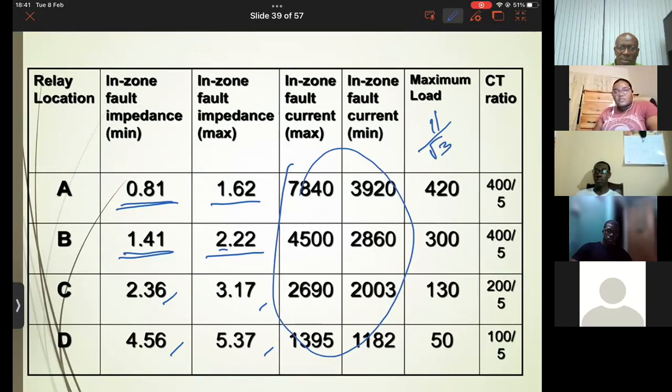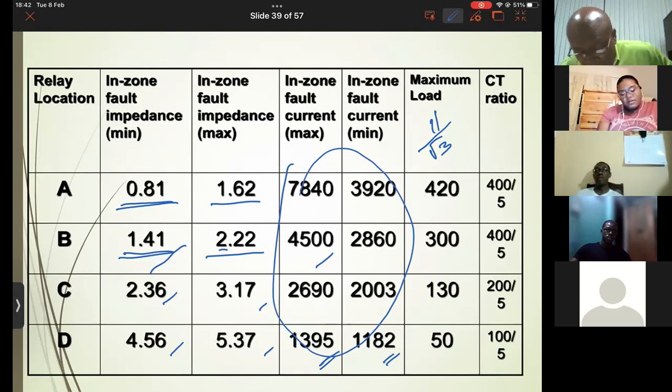So at B, the minimum in zone will be 11 over root 3 divided by 1.41, then 11 over root 3 divided by 4.56 and 5.37. Any questions? We good? Yes, sir.